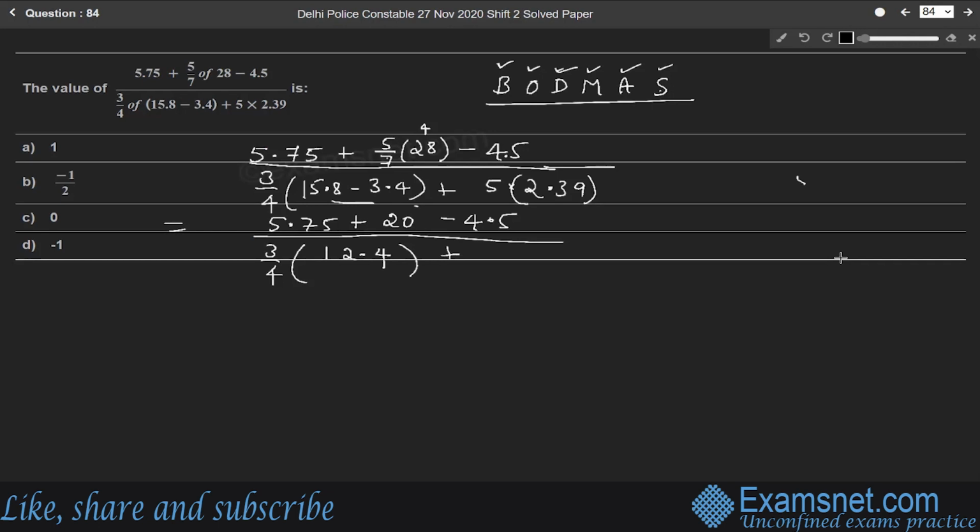Plus 5 into 2.39, which is equal to 11.95.